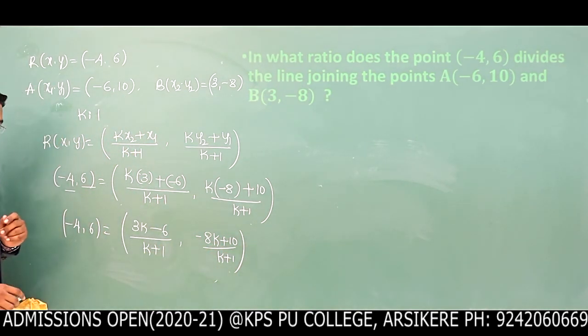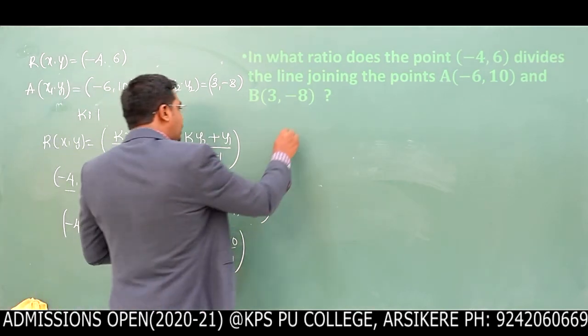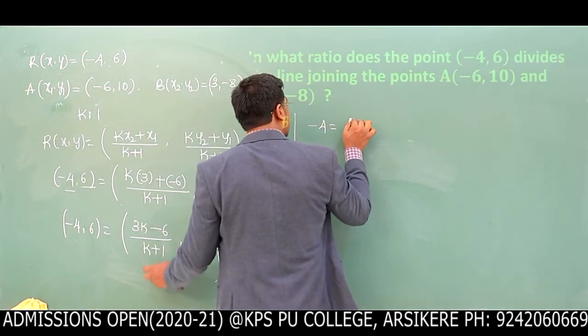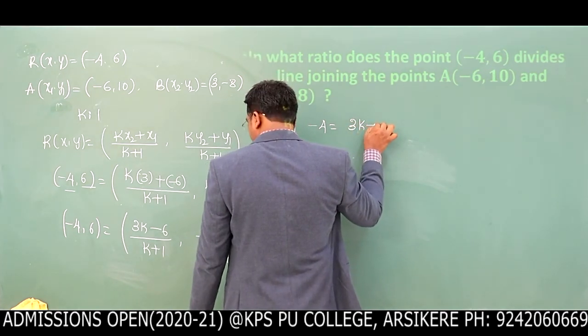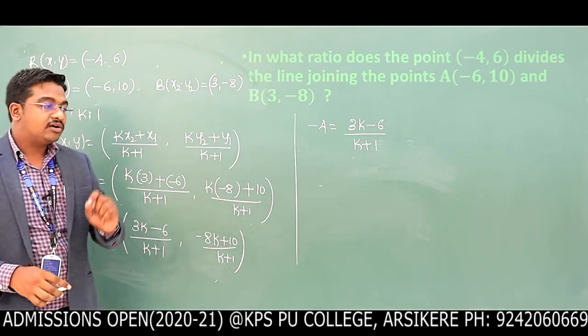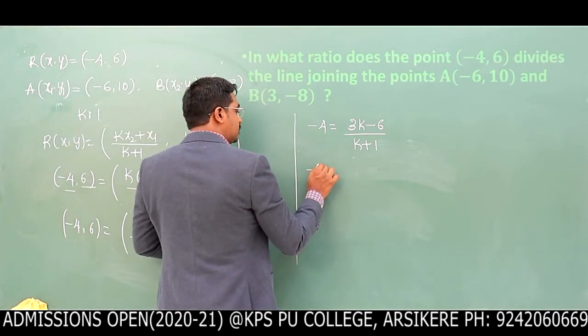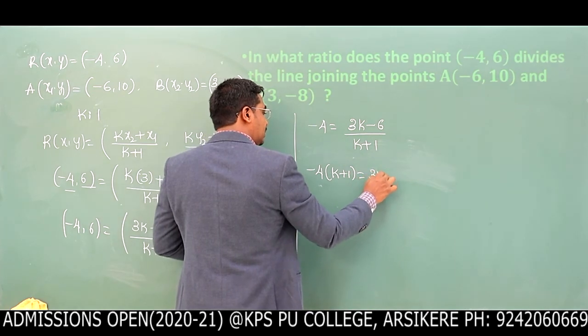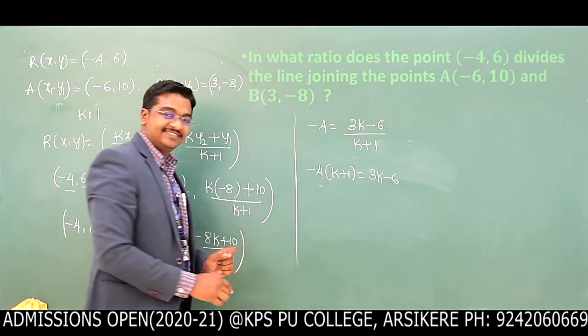I will take the first point. Minus 4 is equal to 3k minus 6 divided by k plus 1. Now take cross multiplication. So minus 4 into k plus 1 is equal to 3k minus 6, right?